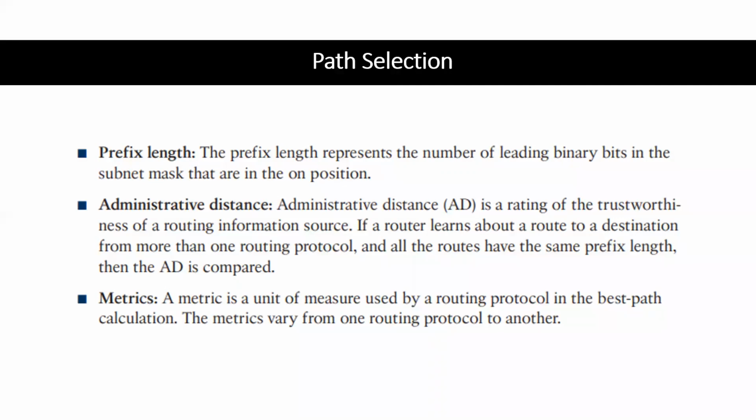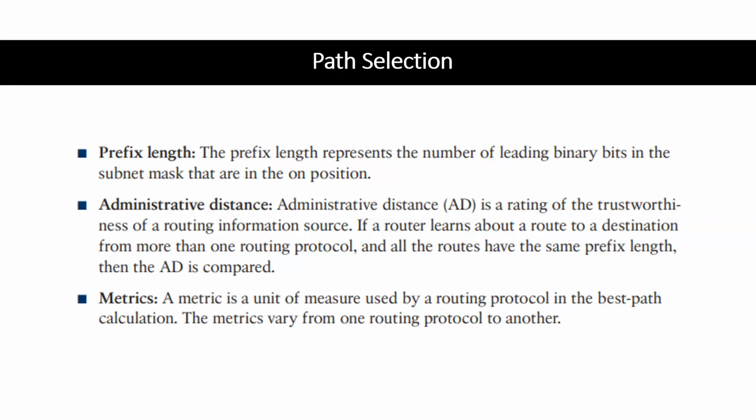So, path selection: our router makes decisions on where and how to send traffic. What's its election process? How does it choose the best match to take and where to send it? There's three things.